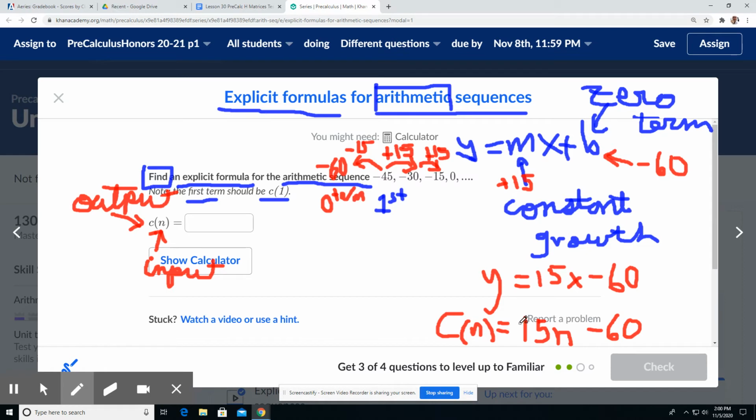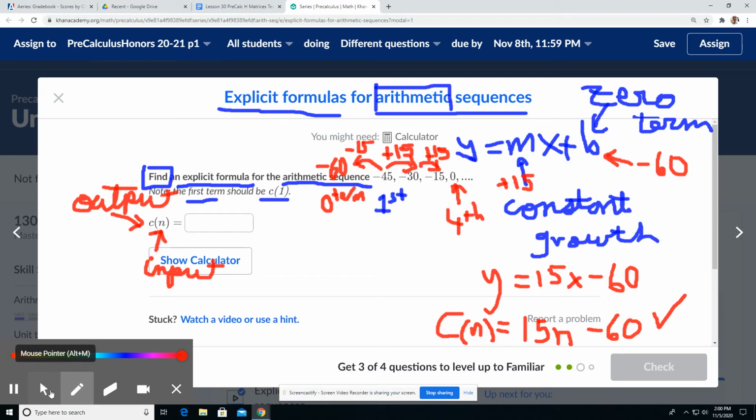So it's nice just to check these and confirm that everything is going good. I like that one right there. What term is that? Well, this is the first, second, third. That's the fourth term. So if I plug in 4 into here, do I get 0 as an output? Well, let's see. 4 times 15 is 60. 60 minus 60 is 0. So that confirms that we've done this explicit equation correctly.